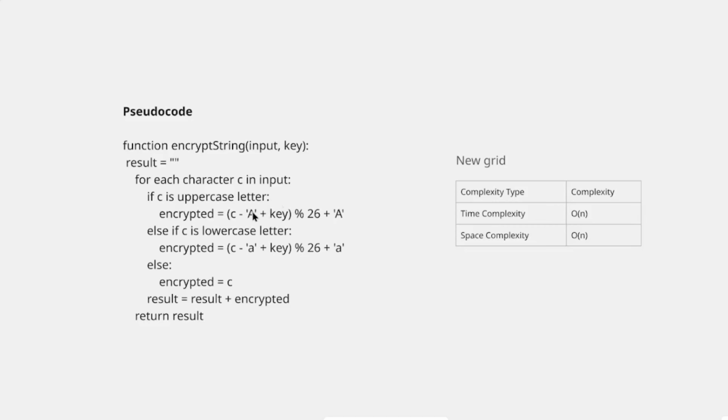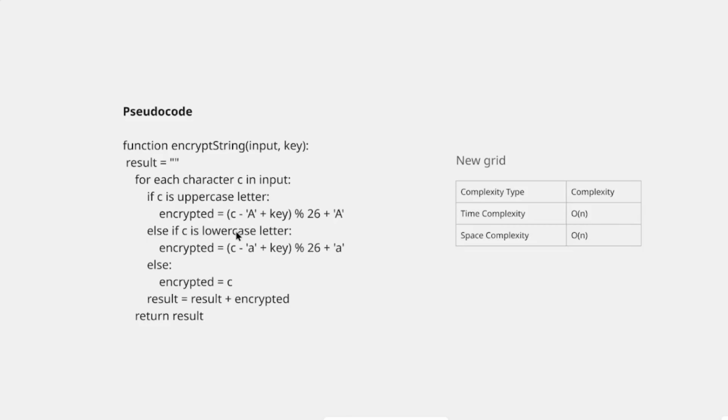So we are taking that input character, subtracting capital A, adding the key value, using the modulo operator with 26, and adding A. So we will get a k-times shifted character by this.